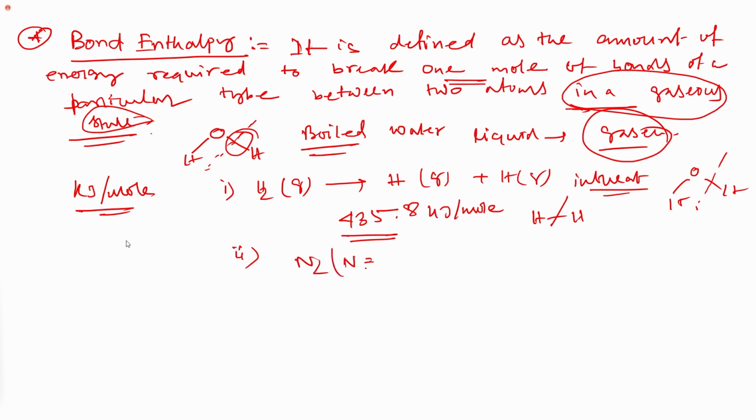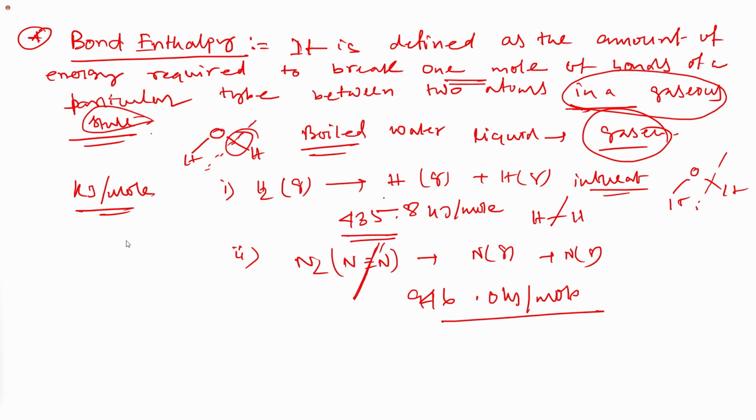N2 means we know that it is an N triple bond N. To break this N triple bond N, we need 946.0 kilojoules per mole. So there is a single bond and a triple bond. To break this single bond, we need 435.8 kilojoules per mole, but to break this triple bond, we need 946 kilojoules per mole.